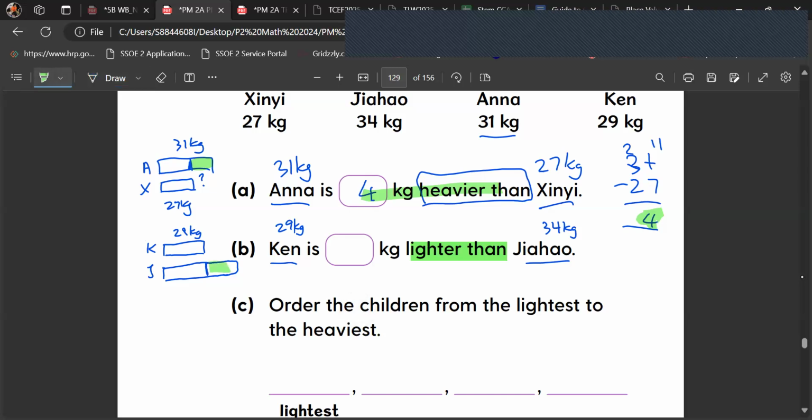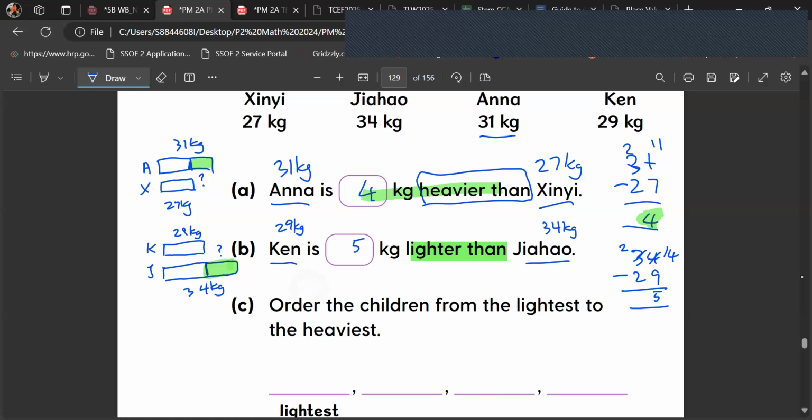So it's this part here. Jia Hao is 34 kilogram. So I need to use 34 minus 29, which will give me 5. So Ken is 5 kilogram lighter than Jia Hao.